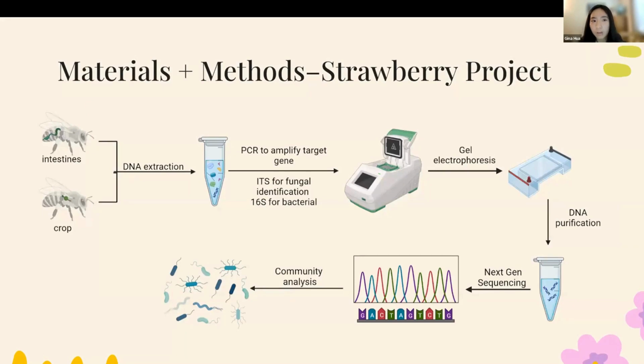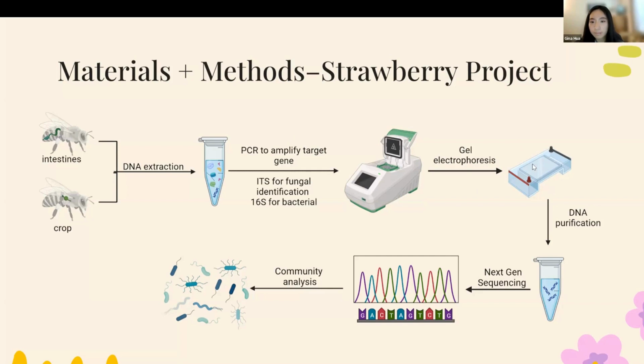In the strawberry project, we specifically look at how agricultural intensity affects these gut microbes. To do that, we take the microbes from the intestine or crop and we perform DNA extraction on it to get all the DNA. And then we perform PCR to amplify the target gene. In my case, I amplified the ITS gene so I can find the identity of the fungi.